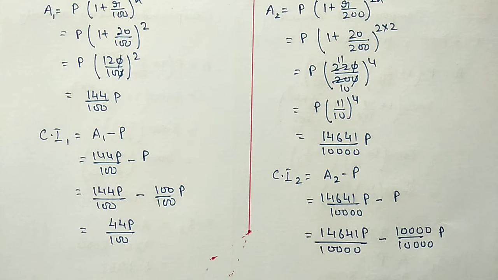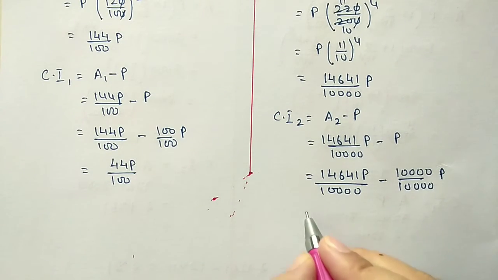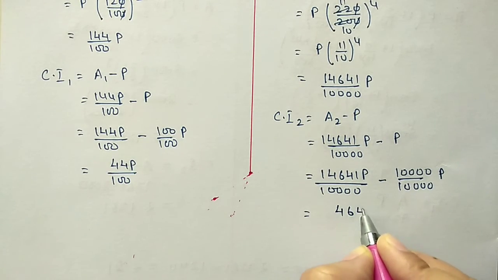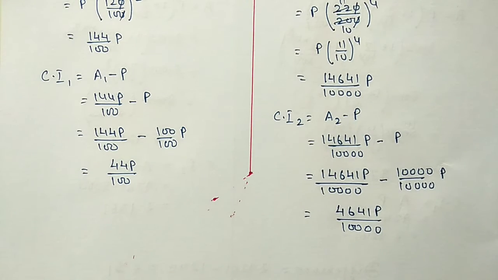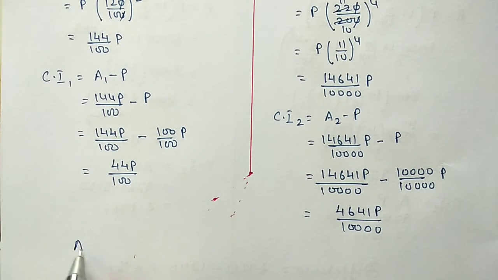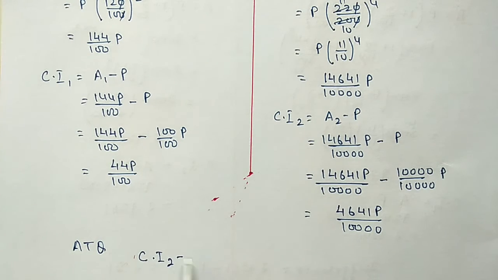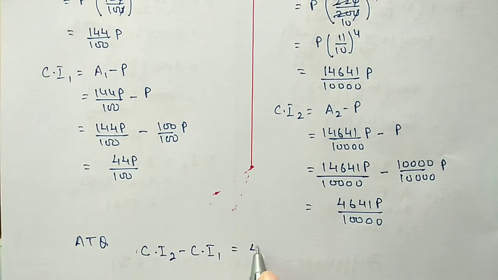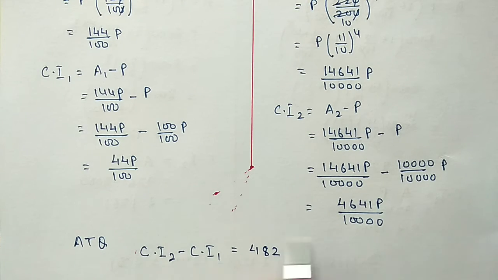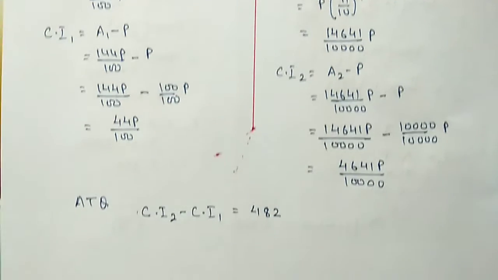Now the denominator is the same, the numerator we can simplify. So we will get 4641 P divided by 10,000. According to the question, compound interest 2 minus compound interest 1, the difference between these two interests, is 482 rupees. So we will substitute these values here.